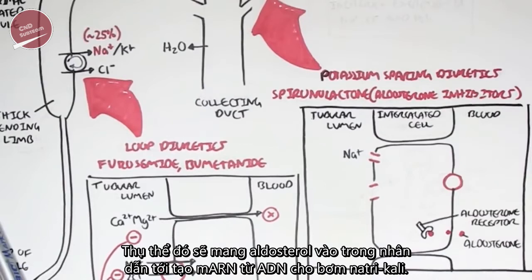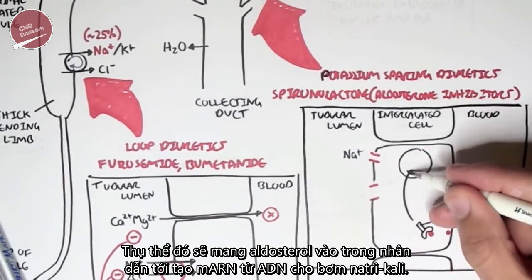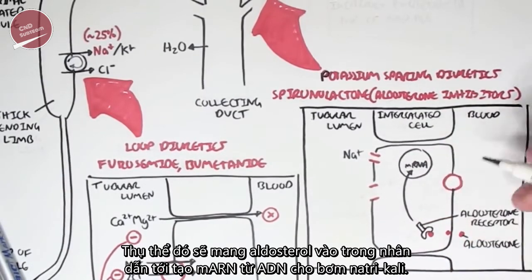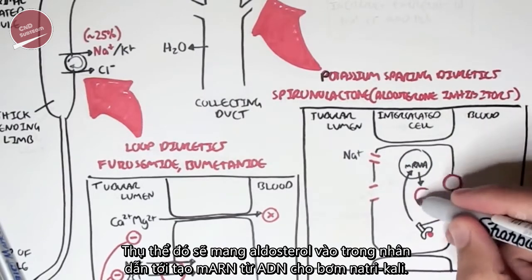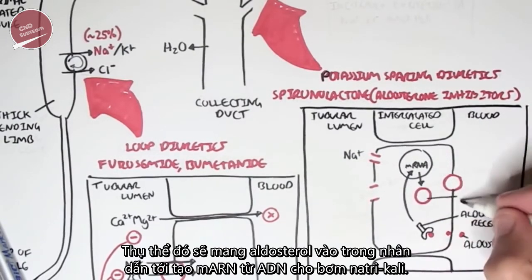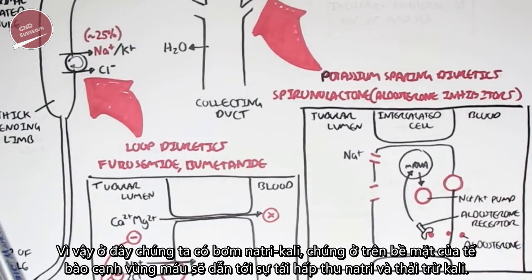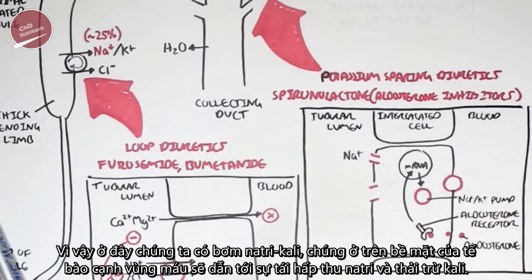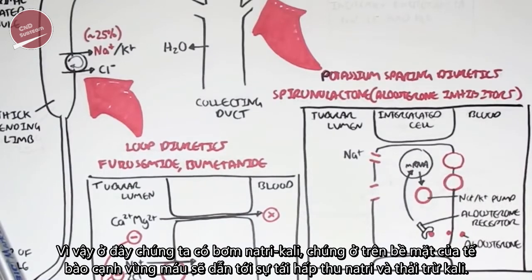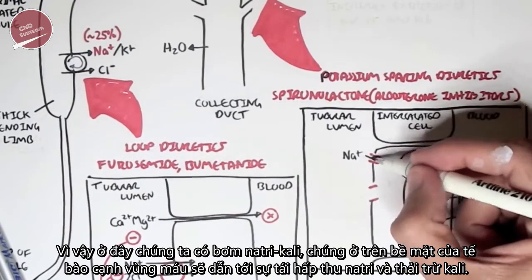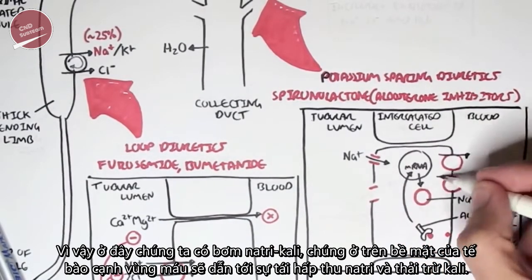The receptor will bring the aldosterone into the nucleus, where it will cause the DNA to make mRNA for potassium and sodium pumps. So here we have a sodium and potassium pump. This will go onto the surface of the cell next to the blood and will cause the reabsorption of sodium as well as the excretion of potassium.